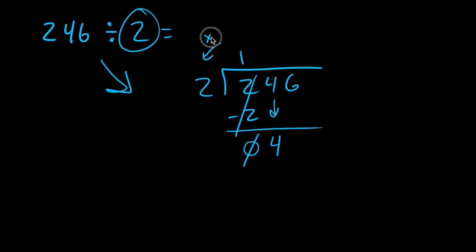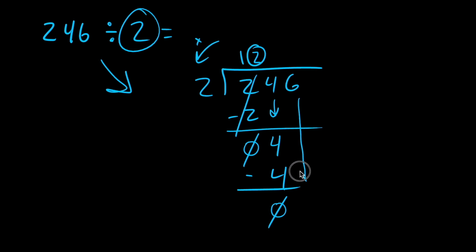And let me go ahead and erase the multiplication arrow. Next thing is starting all over again. How many times can 2 go into 4? Well, twice. So you write the number 2 above the L, and then you multiply again. 2 times 2, that's 4. And so simplify, that gives you 0. So you bring down the 6, and then you start all over again.